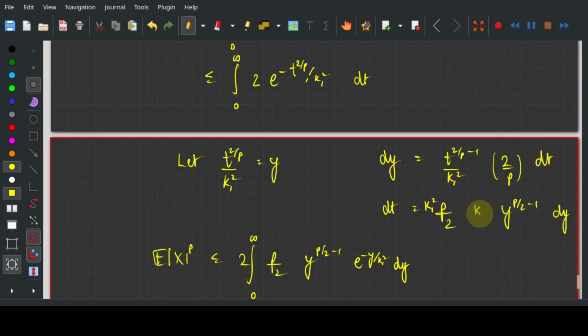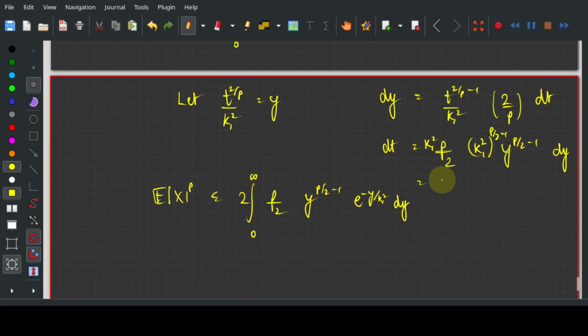So this would be equal to k1 square whole to the p by 2 minus 1, which is p by 2 k1 square raised to the p by 2 y to the p by 2 minus 1 dy. K1 to the, correct?